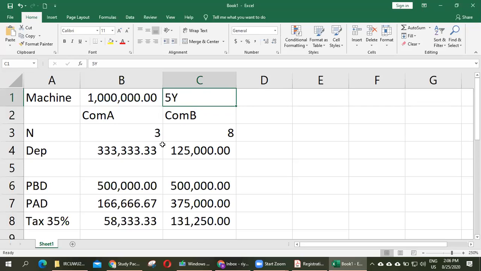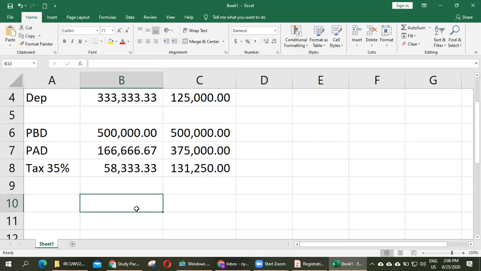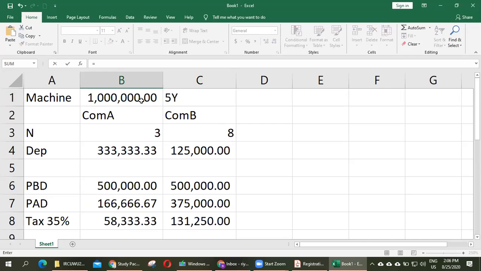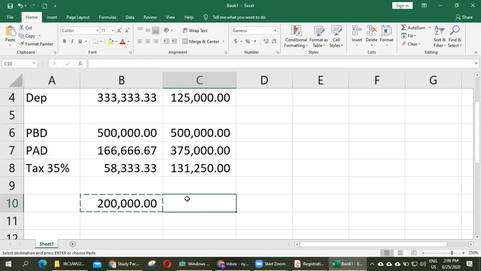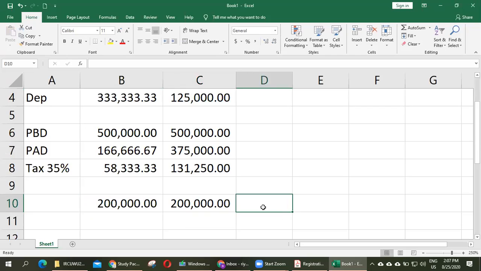For company A, 1 million divided by 5 years is equal to 200,000. For company B also, the same value. Now is it fair or unfair?